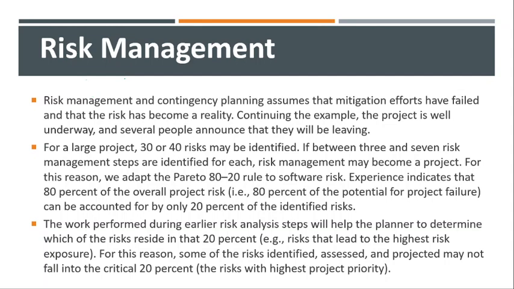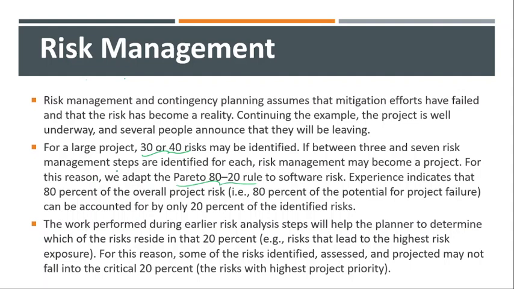In short, the meaning is that supposing I have identified 20 risks. We cannot identify all 100, isn't it? In a large project, mostly say 30 or 40 risks may be identified. So in this case we are going to use this Pareto 80-20 rule for software risk.